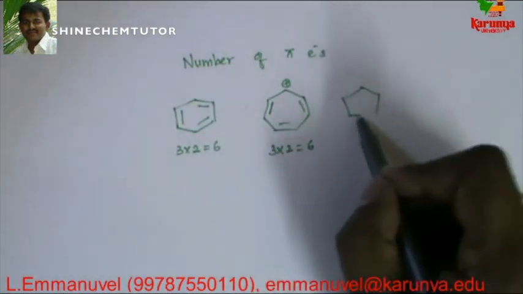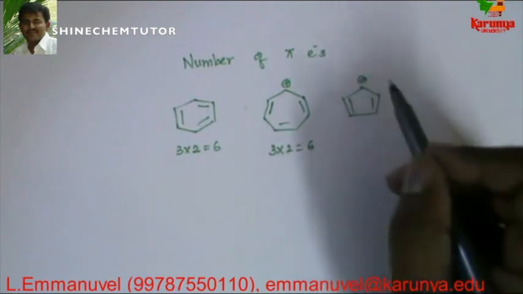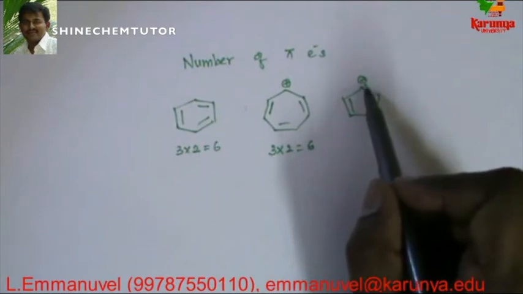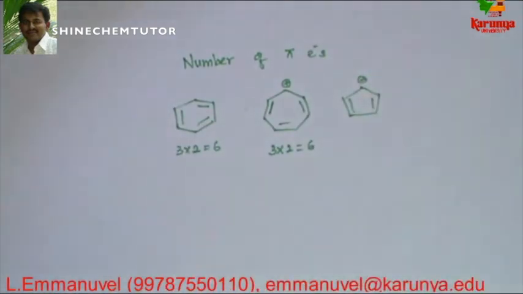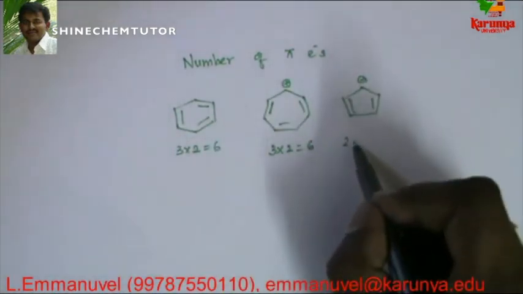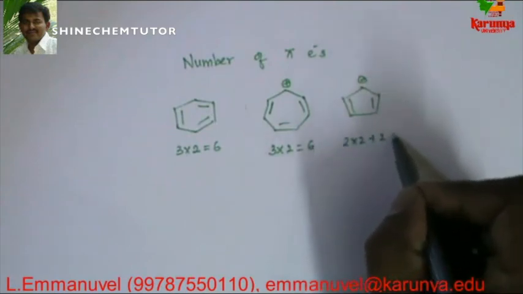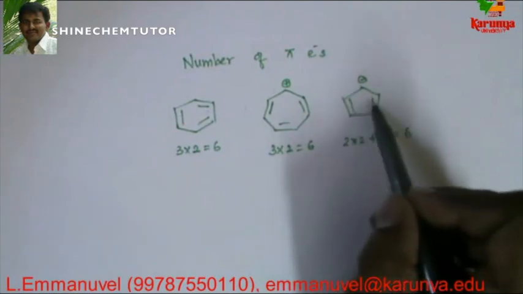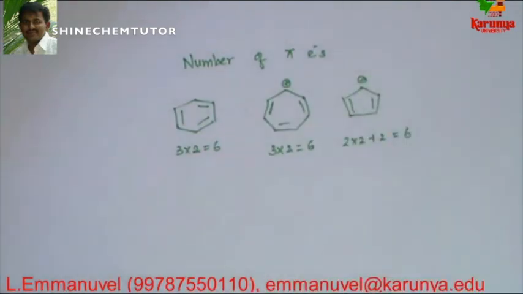If there is any minus charge, then the minus charge will contribute 2 pi electrons. So here there are 6 pi electrons, 4 from the double bonds and 2 from this minus charge.